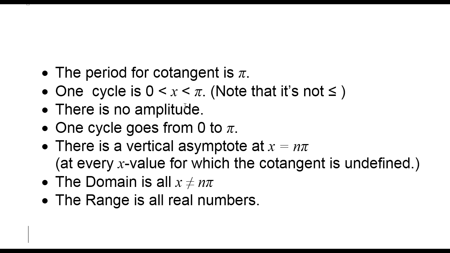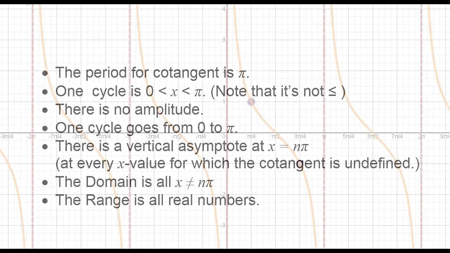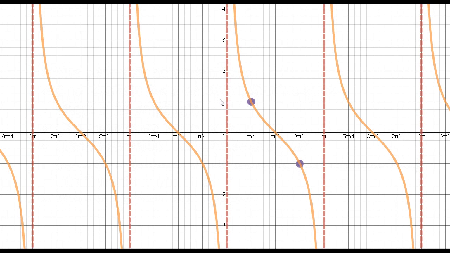I do want to take 1 second and take a look at this amplitude issue here because there is no amplitude, but the number in front of the tangent will give us some important information. So let's go back to our graph. If our graph is y equals 1 tangent x, then that means at our halfway point between our asymptotes, we are crossing the x-axis.